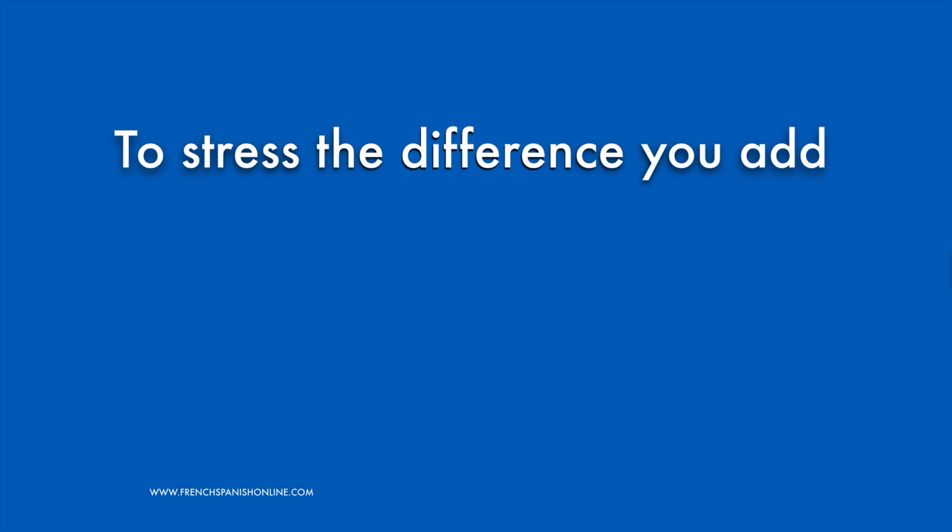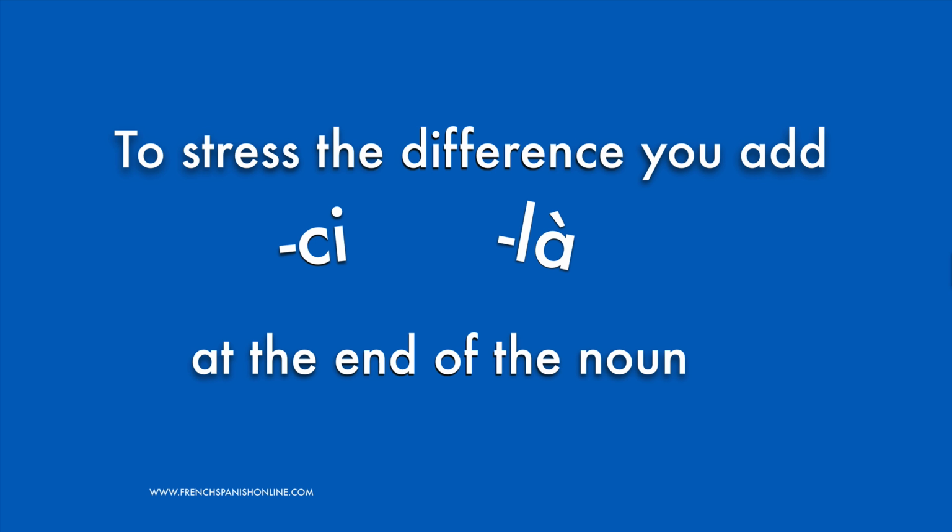But actually, if there is a confusing situation, you can stress the difference between the two words this and that. In this case, in French, you need to add at the end of the noun the word ci or là. Ci to translate this and là to translate that. Let's see how it works.